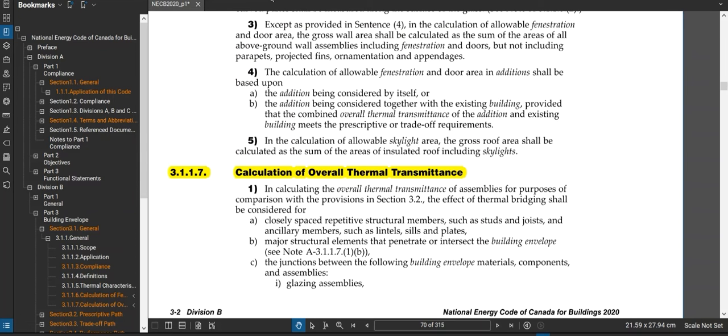And although the 2011 Energy Code talked about studs having to be included, it didn't have this sentence C either that talked about the junctions between components in assembly. So like a window to a wall, for example, how that window sits in the wall, and that actual connection between the two, where you're basically going to have no insulation. Now you do have to include that as an example.